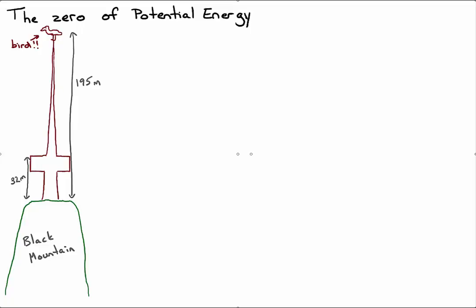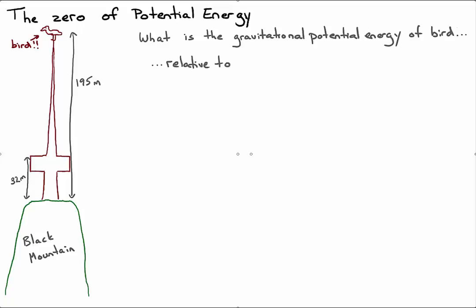That's how tall the tower is above the top of the mountain itself. So I'm going to ask you to calculate what is the gravitational potential energy of the bird. And I'm just going to change that. I'm going to say, what is the gravitational potential energy of the bird relative to the ground level?